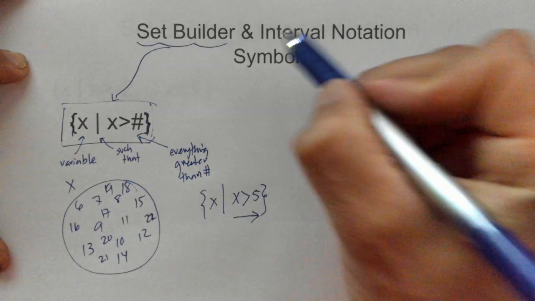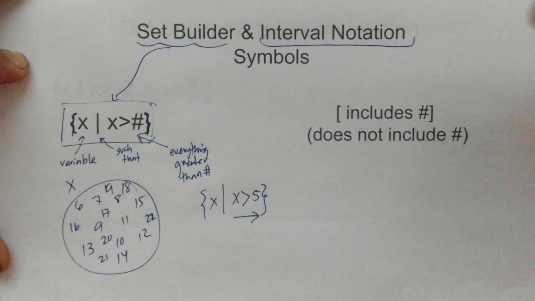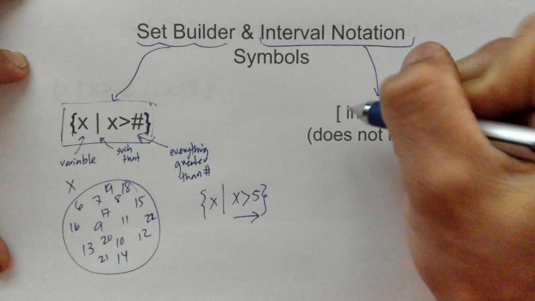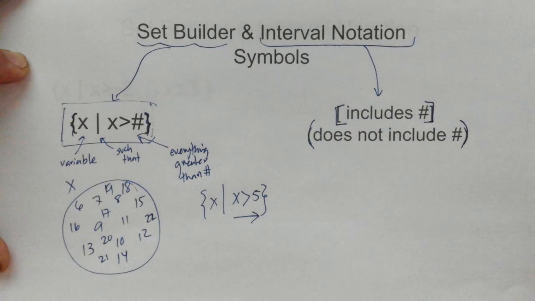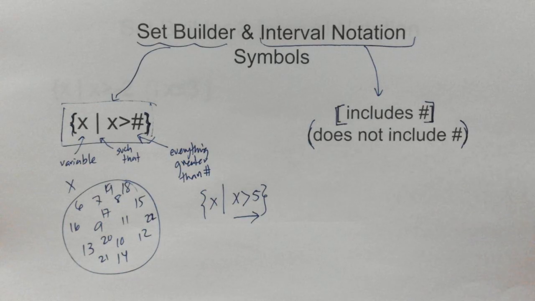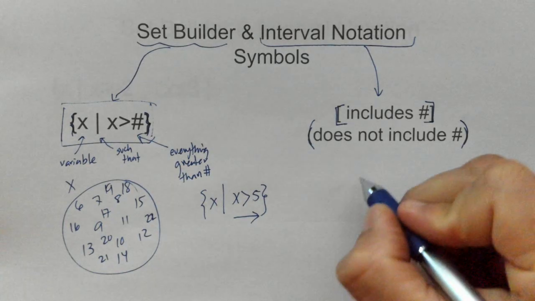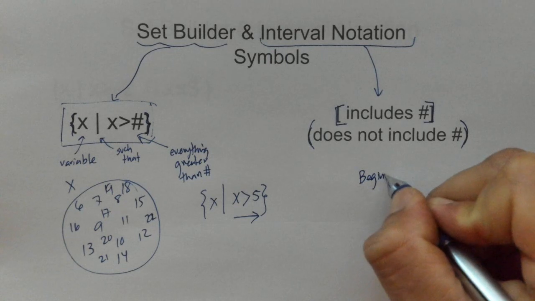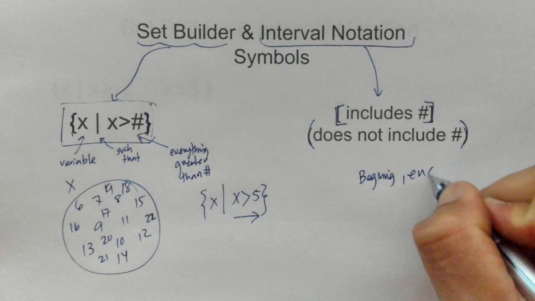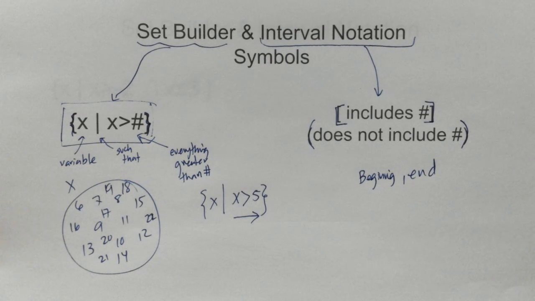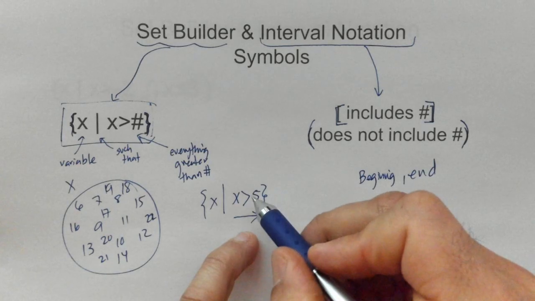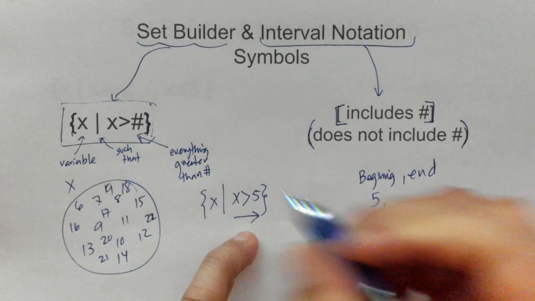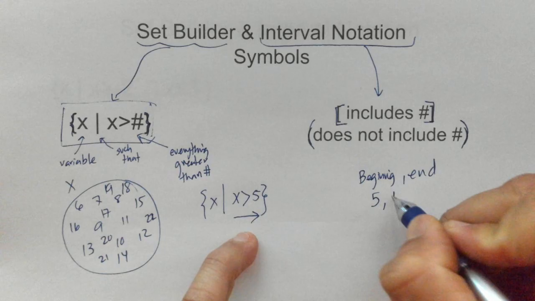Now, interval notation, this is coming whenever we use brackets or when we use parentheses, okay? And what we do here is we're trying to describe the beginning and the end. And we separate those two with a comma. So in this example, right, we're going from 5, that's where we're starting, and we're going all the way to positive infinity.